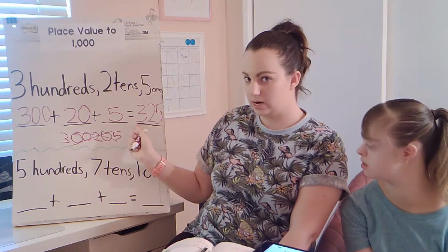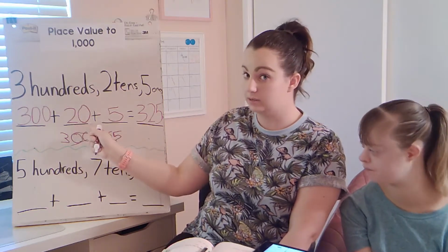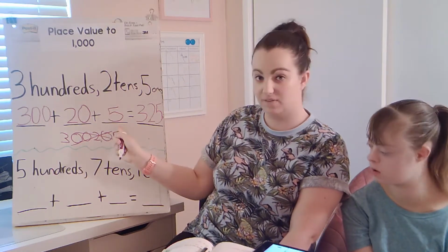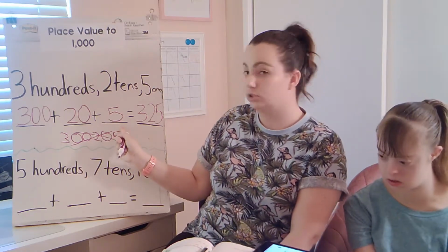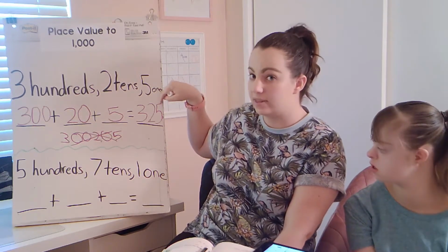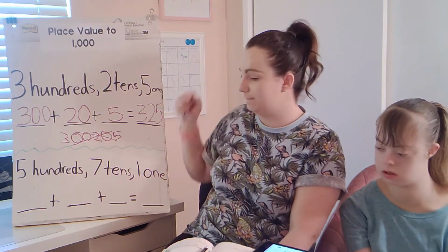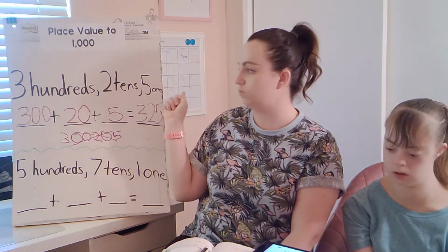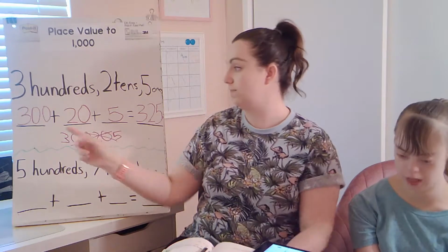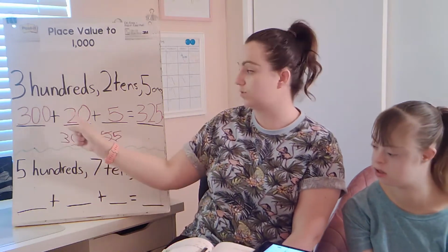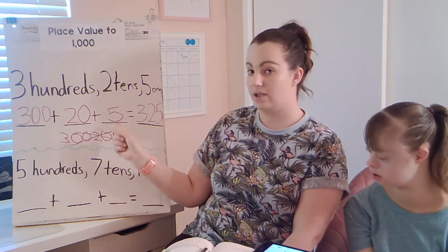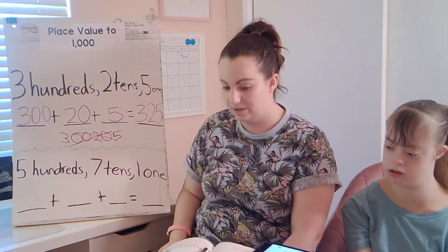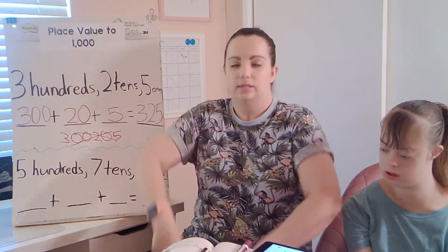So you have the 300, then the 20 shown by a 2 in this 10 spot, and finally just 5 ones, shown by writing a 5 in that 1 spot. Okay? Nice job. We had 3 hundreds, 2 tens, 5 ones. Expanded form, 300 plus 20 plus 5 equals 325.